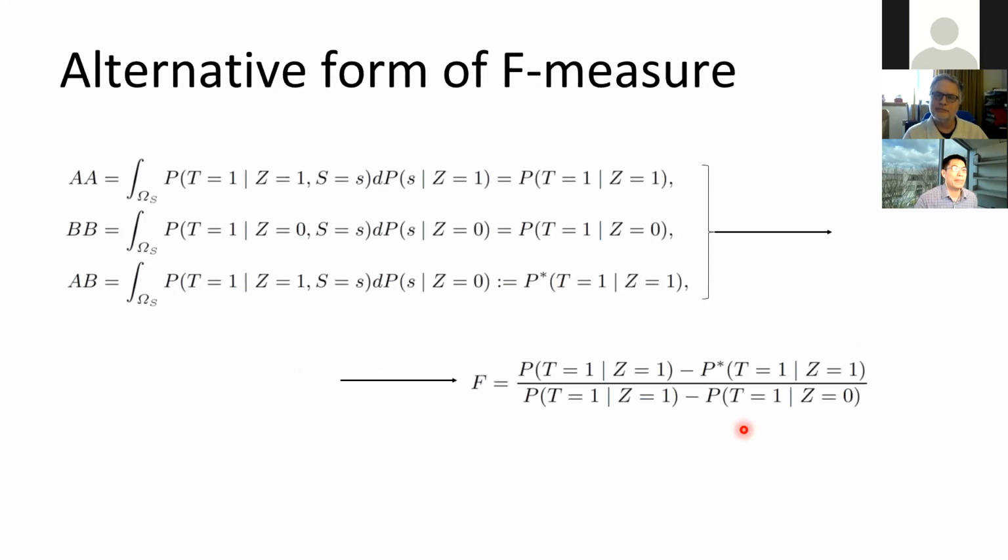So in the alternative form for the F measure, for the binary marker, we can rewrite it as the probability of the clinical endpoint we observe in the intervention arm, subtract P star. So this is the expected distribution of clinical endpoints given Z equals 1, over the probability of T equals 1 given Z equals 1.